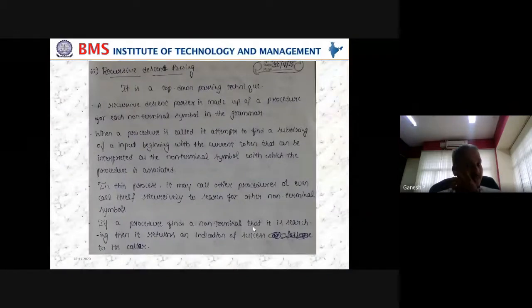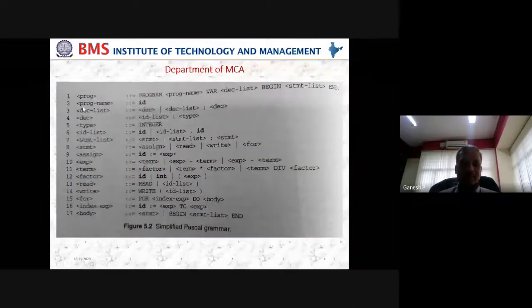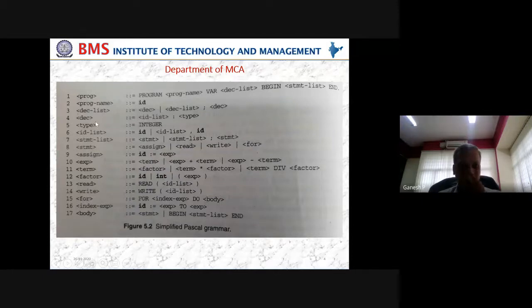And recursive descent parsing, as we know, which is an example of top-down parsing, contains procedures for each of the non-terminal symbols. What you see here on the left-hand side are all non-terminal symbols, kept in angle brackets: program name, list, type, ID list, statement, assign, exp, term, factor, read, write.